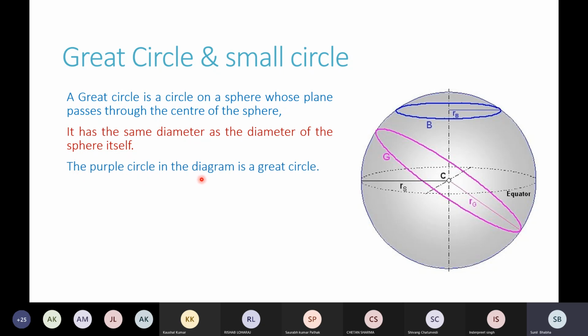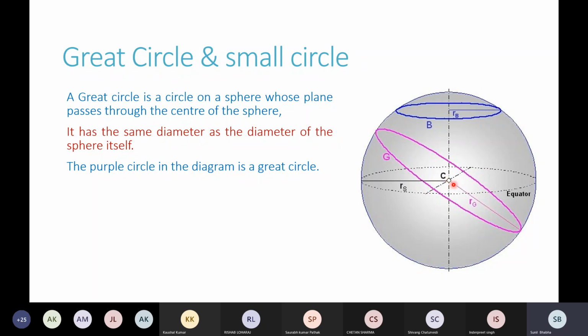The purple color circle which we see in the diagram is a great circle, because the plane of this purple circle passes through the center of the sphere. The center of the sphere is represented by point C. So this is a great circle.